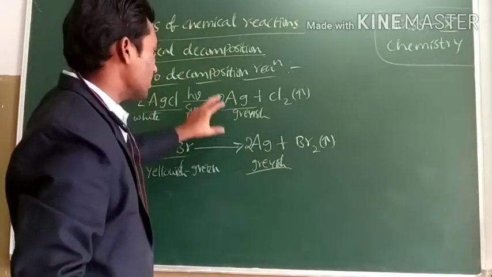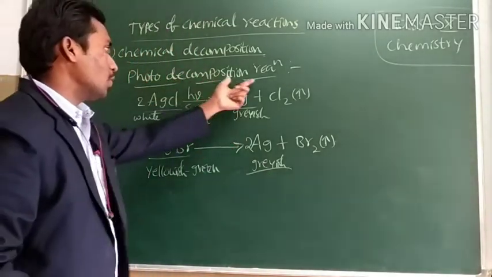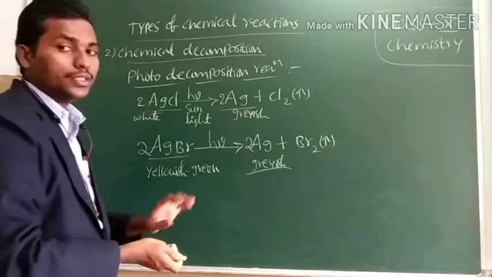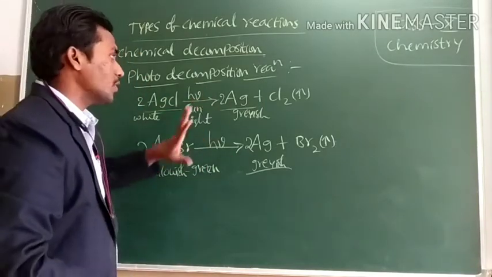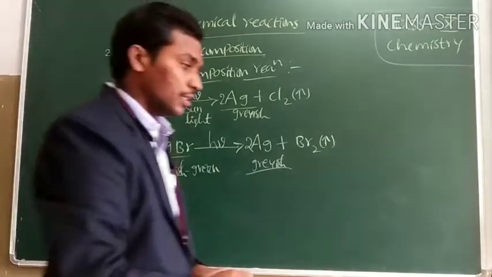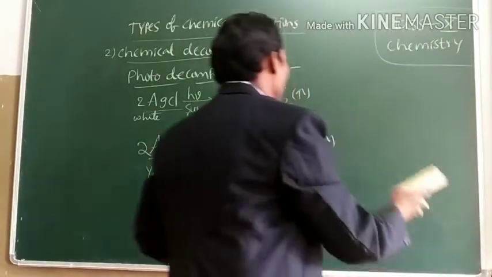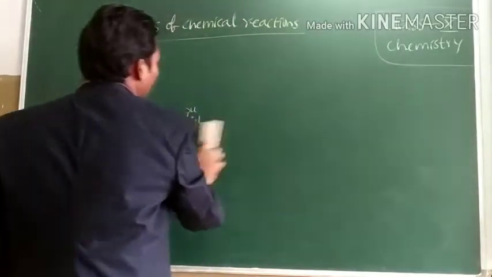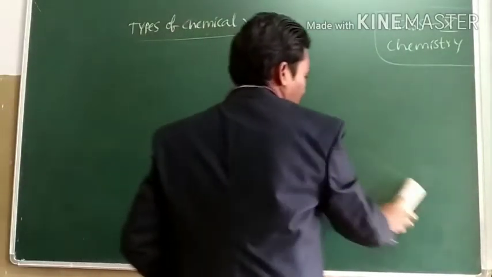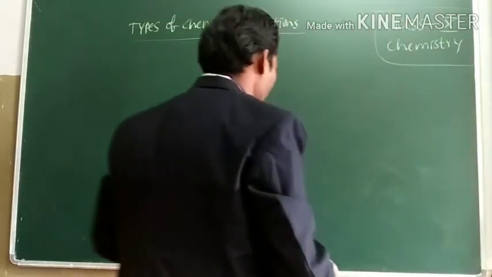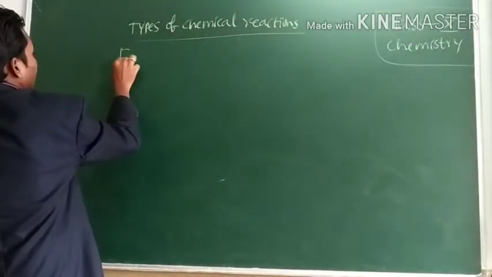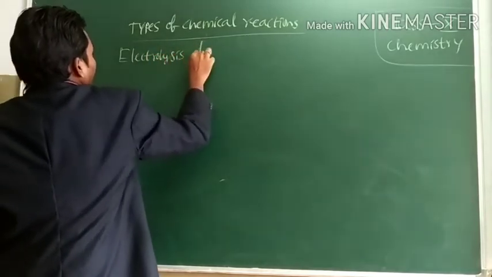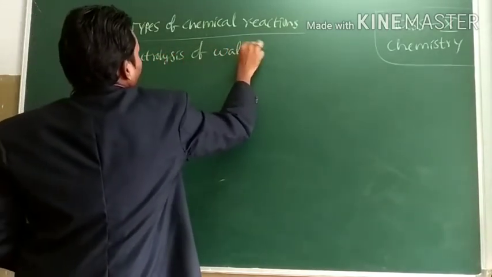Such kind of reactions are called photodecomposition reactions, because decomposition reactions carried out in sunlight are called photodecomposition reactions. Next, one more kind of decomposition reaction is electrolysis of water.